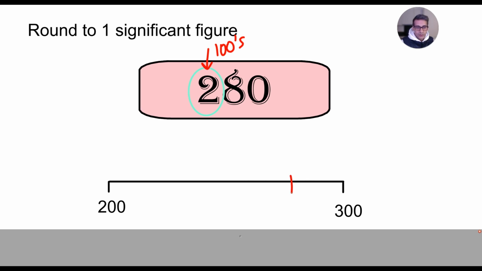So 280 would be somewhere along here, and to one significant figure, this is going to be rounded to 300. Now, these zeros are important placeholders because we are rounding to the nearest 100. You can't ignore those. And again, remember, a few more examples and you'll see why this is important.